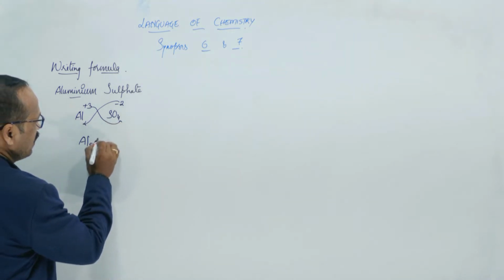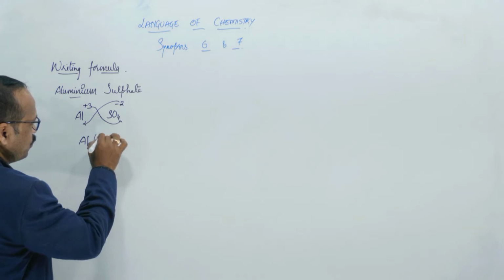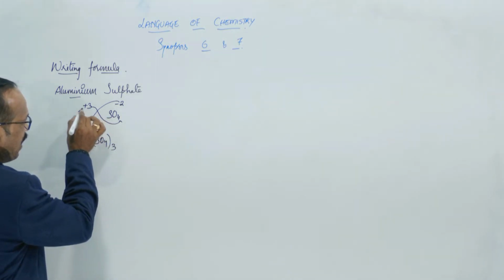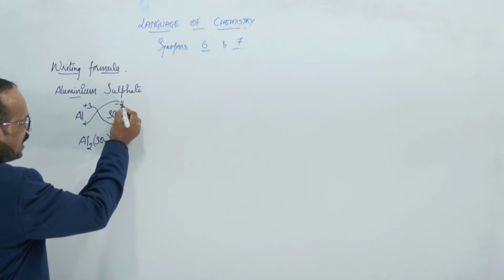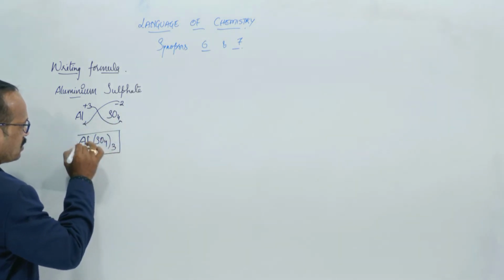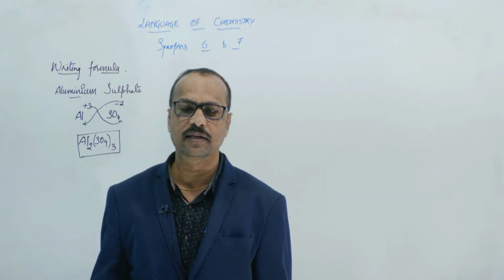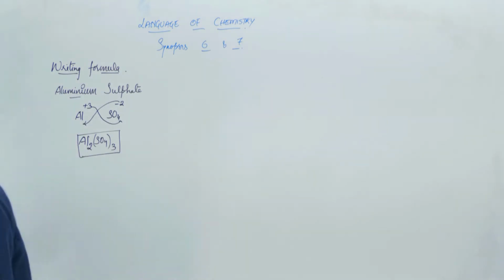Sulfate is SO4, and write 3, but since there is already a number, put a bracket like this and write the 3. So 3 is the valency of aluminium that we write for sulfate, and 2 is the valency of sulfate that we write for aluminium. Just crisscross. So this is the formula of aluminium sulfate, Al2(SO4)3. Clear to you?